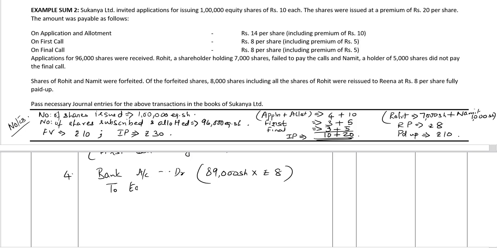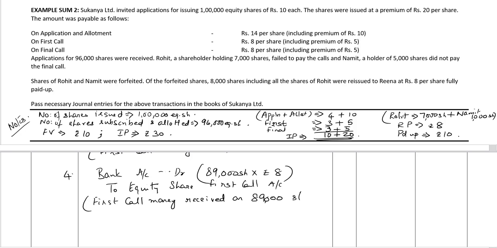To equity share first call account. First call money received on 89,000 shares. On multiplying, we get 7,12,000 rupees.